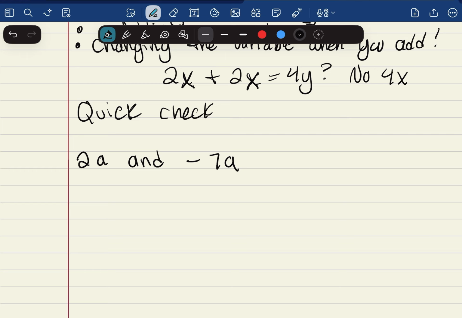We have a number right here, and we have the same variable. These are part of the same family. I know you see a negative in front of the 7a. Do not overthink it. The 2a does not need to have a negative in front of it in order for it to match. That does not matter. We are looking at these right here.